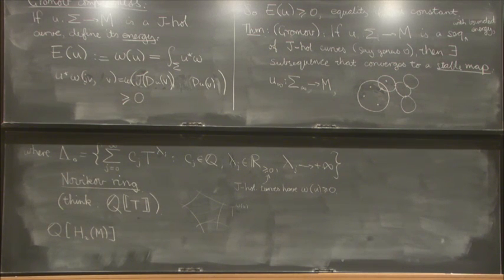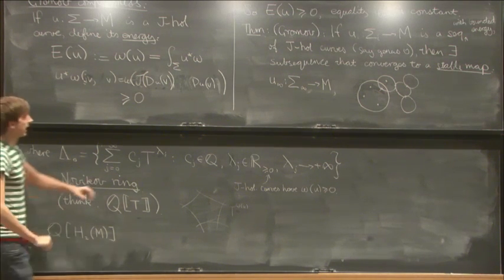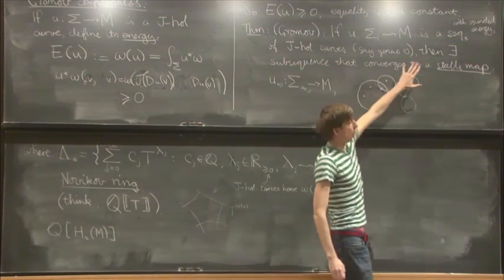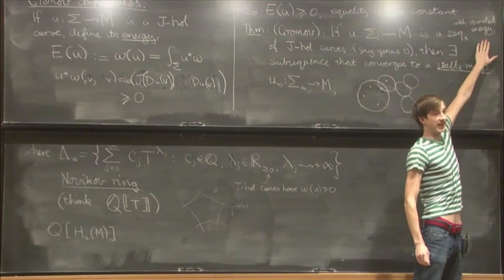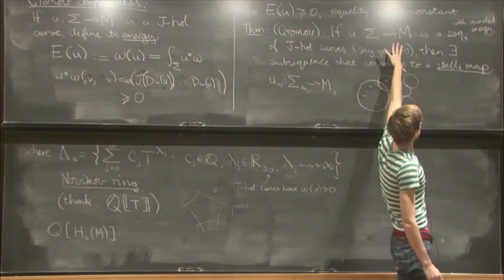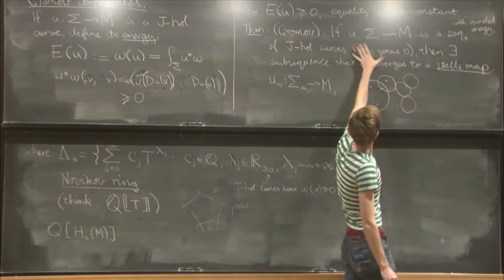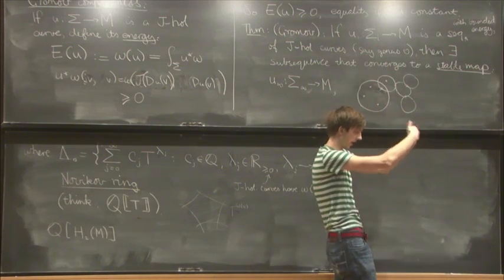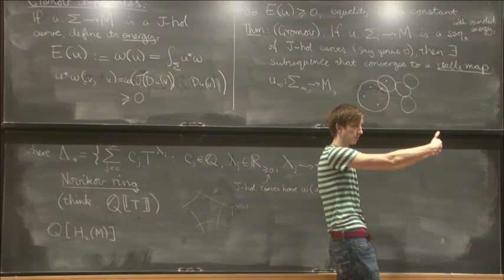Is it obvious that if I fix a value of omega of beta, there's only a finite number of non-zero terms? Yes, that is this result here. Omega of beta is the energy, and this result says that the set of all J holomorphic curves with energy bounded above by something is compact.